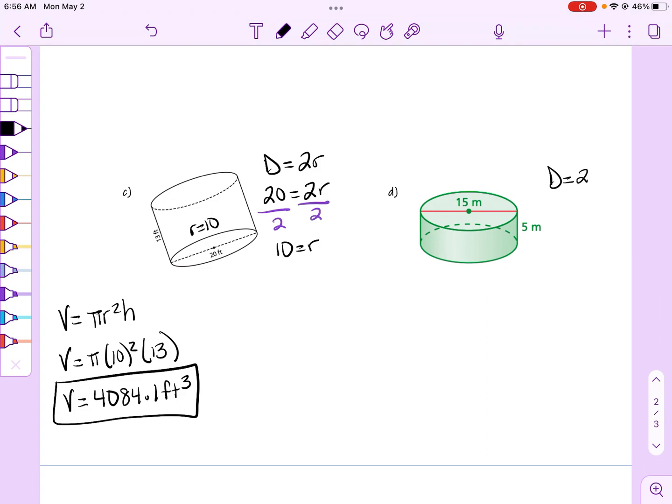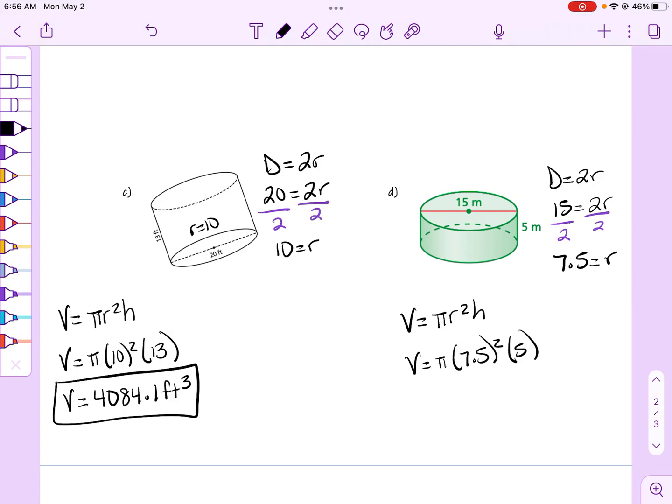Sticking with d equals 2r, I know 15 equals 2r, and I'm going to divide by 2 on both sides, so I get 7.5 equals r, and so volume is pi r squared times height, so we get 7.5 squared times 5, again, round to the nearest tenth, so we get 883.6 meters cubed.